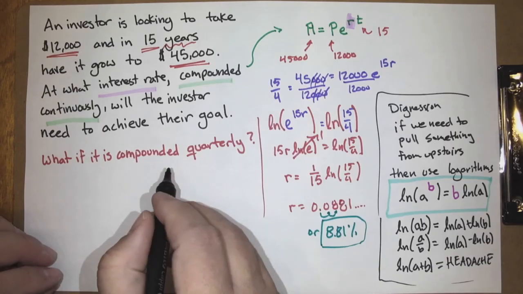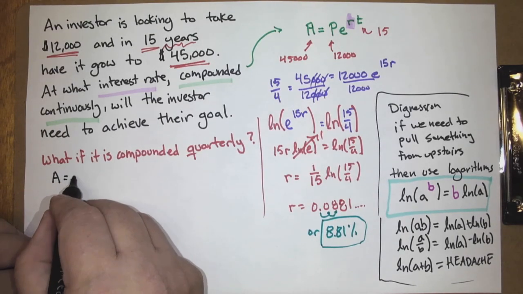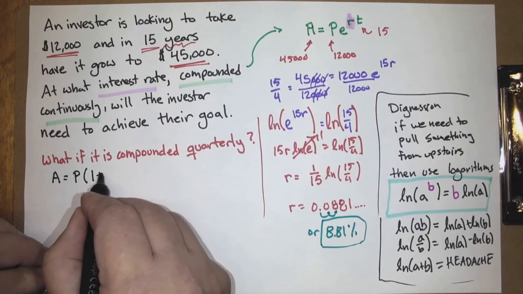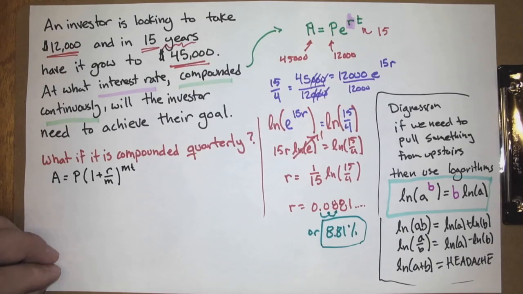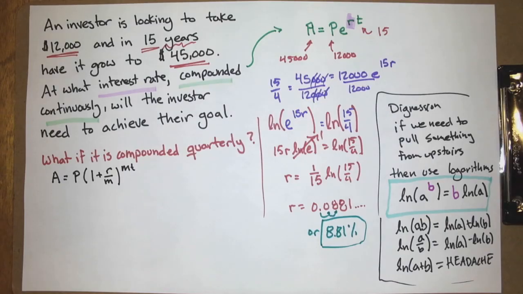So we have a formula. Our generic formula here is our future value A, our current value P, and then we have 1 plus R over M to the MT. Now the good news is the symbols that match, the A, the P, the R, the T, are still the same, right? So we don't say, oh, what's P now?